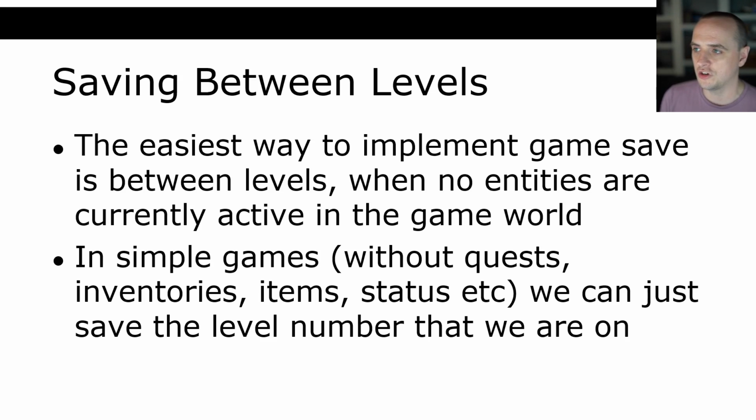So for example, you could do that in your project. If you've beaten the first 2 worlds, you just save 1 and 2 to a progress file. Then when you go to load the game, you see their progress and you load, okay, they've beaten worlds 1 and 2, so now they're on to level 3. But if there were some quests or maybe they had items in their inventory or whatever, then this gets a little tangly because now you have to have more and more information in your save file.